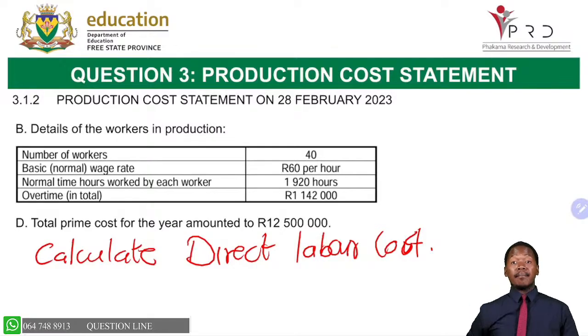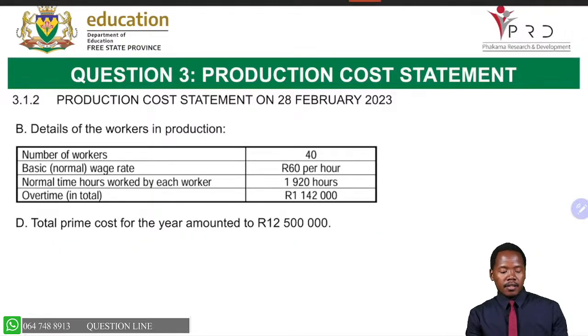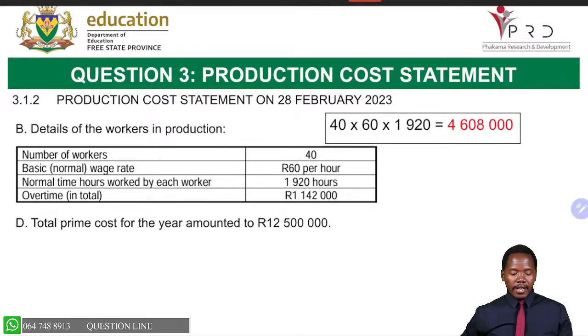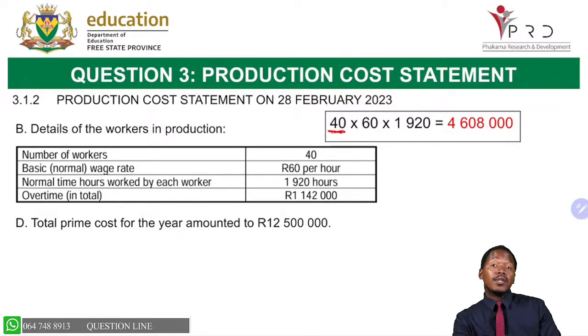Right, grade 12s, welcome back. You were required to calculate the direct labor cost. Let us just see how this is supposed to be done. For our direct labor cost, we are going to check how many workers we have. We have 40 workers. How much are they earning per hour? They are earning 60, so it's 40 multiplied by 60.